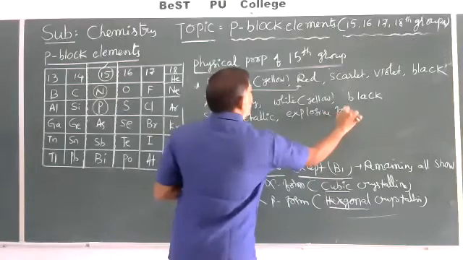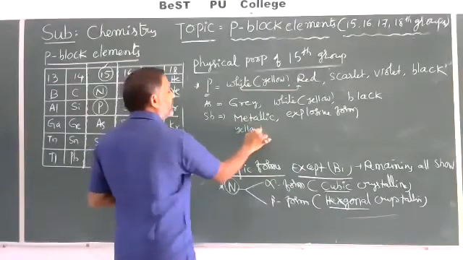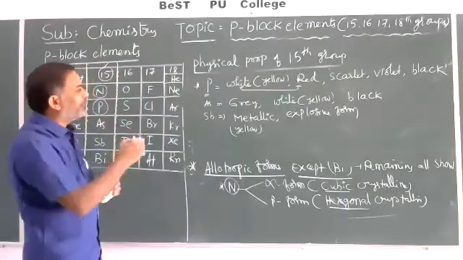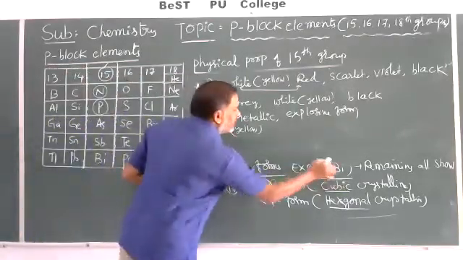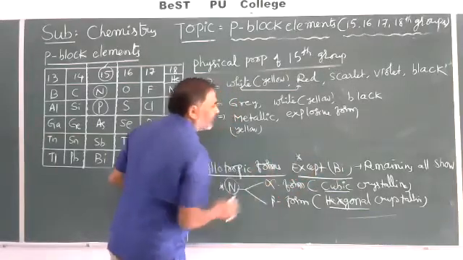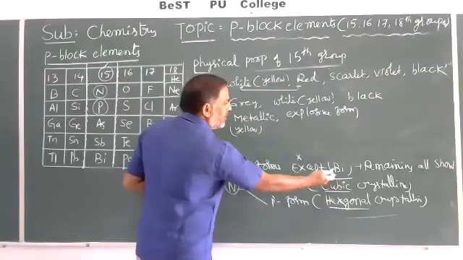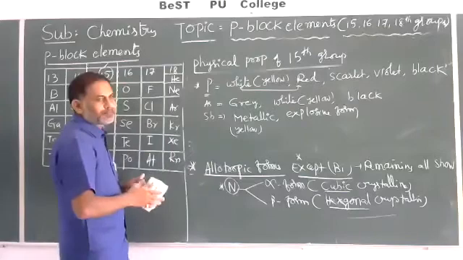These are some important allotropic forms of 15th group elements. Bismuth does not exhibit any allotropic forms because of its metallic nature and metallic bond strength.